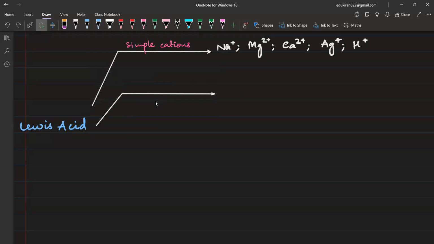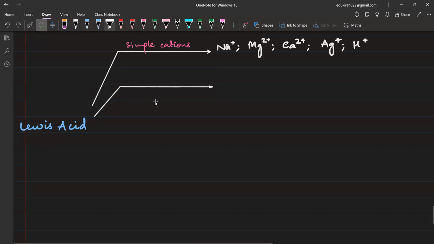Now what are those species which can accept electron pair? ध्यान से देखिएगा. So these are the species which have incomplete octet, such as BF3, boron which is having only 3 bonds.